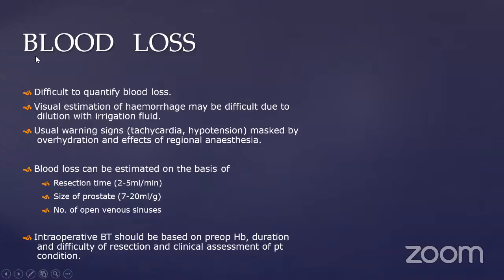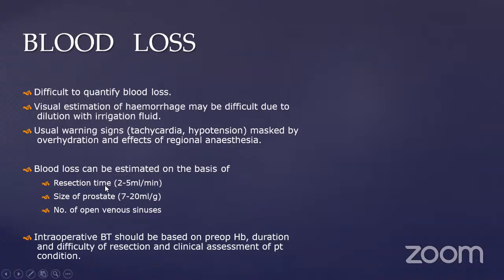The blood loss should be assessed in these patients. It is difficult to quantify blood loss. Visual estimation of hemorrhage may be difficult due to dilution with irrigation fluid. Usual warning signs are tachycardia and hypotension, but these are masked by overhydration and effects of regional anesthesia. Generally, blood loss can be estimated on the basis of resection time.